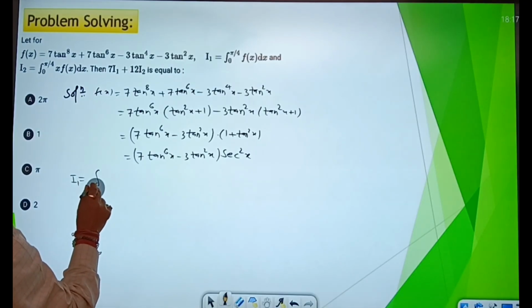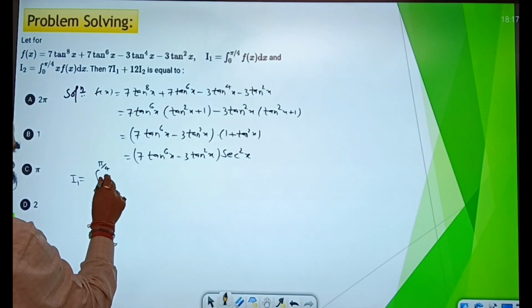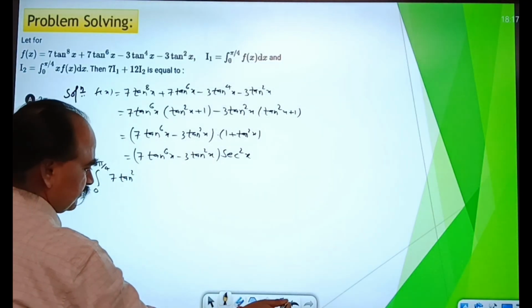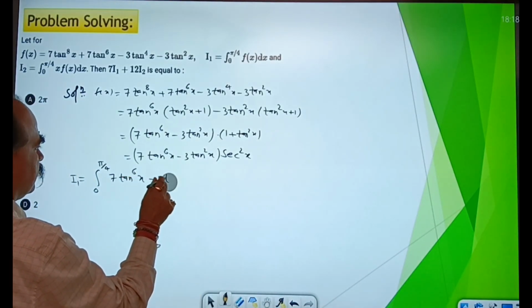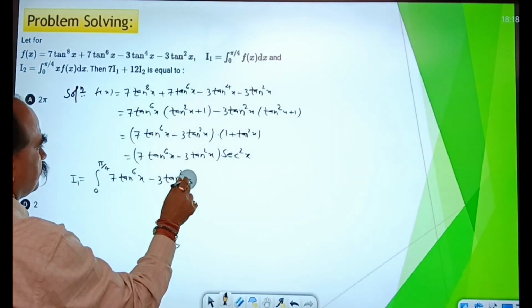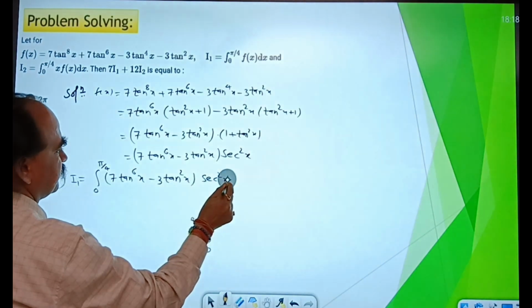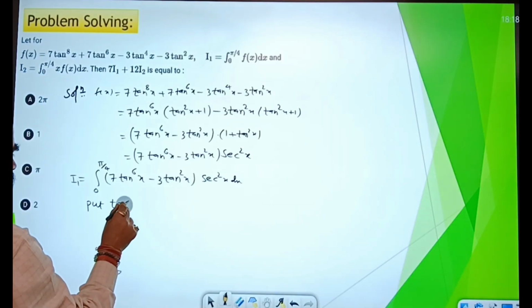is equal to integral 0 to pi by 4 of (7 tan^6 x minus 3 tan^2 x) into sec^2 x dx. Put t is equal to tan x.